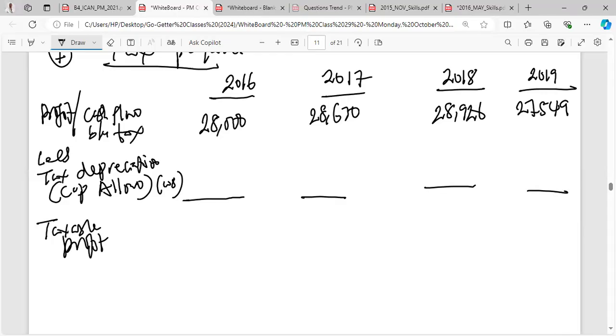Then the tax rate. What is the tax rate here?